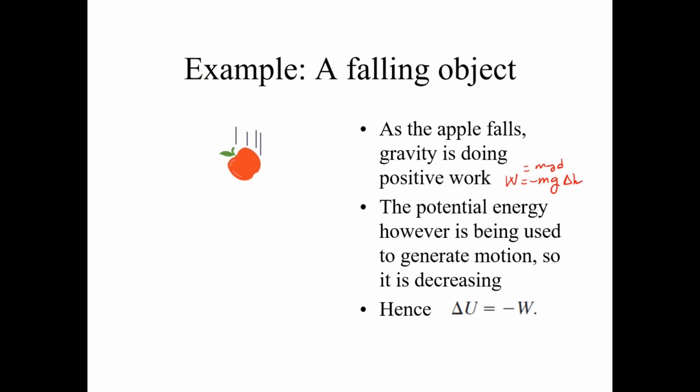They are downward, so gravity will be doing positive work. The potential energy, however, is being used to generate motion, so it is decreasing. So delta U should be negative. The potential energy is decreasing because it is used to do work. So I expect it to be negative. That's why I put delta U equal to minus W.